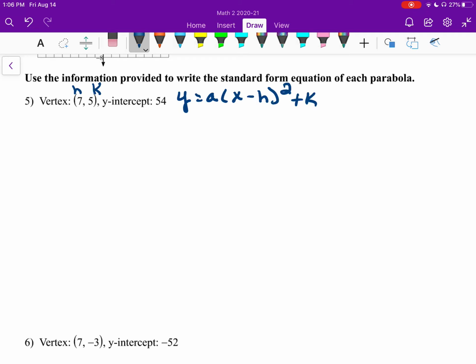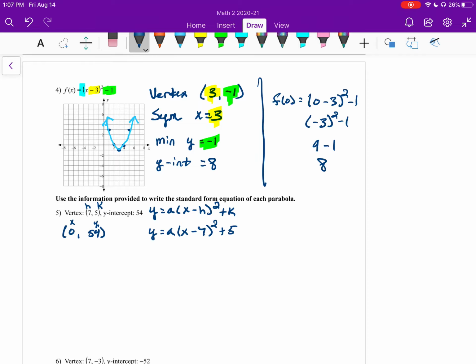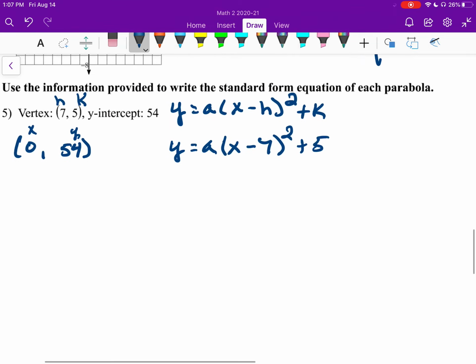The y-intercept we could write a little bit differently. We could say this is a point where x is 0 and y is 54, right? So rather than doing it like I did up here, where we plug in the 0 for x and find it, we don't know what a is. So we're going to plug in this point and find a.